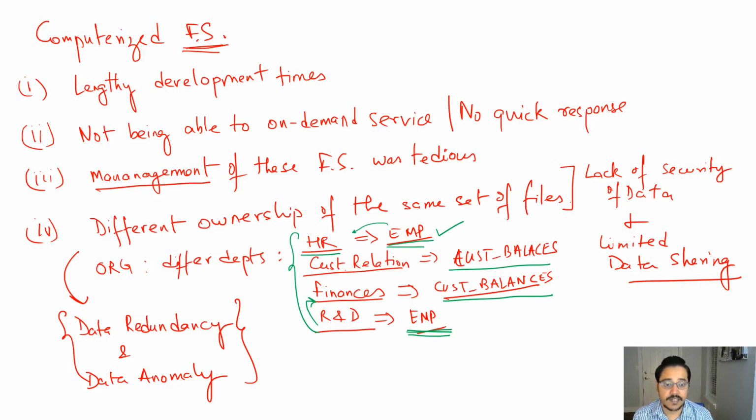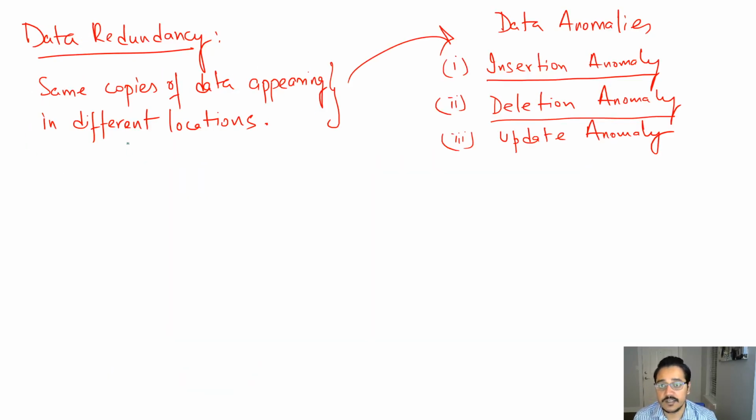So we have to keep in mind that these issues due to different ownership entities lead to data redundancy. And if there is data redundancy, then we can have different kinds of anomalies. But even in the absence of data redundancy, you can have data anomalies. For example, we saw for insertion and deletion, you don't essentially need redundancy to be present for an anomaly to happen, right?